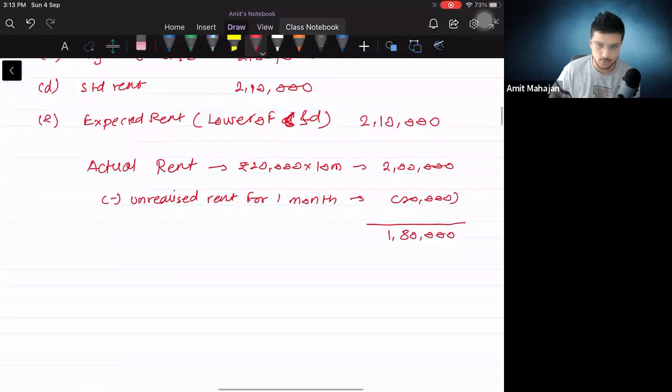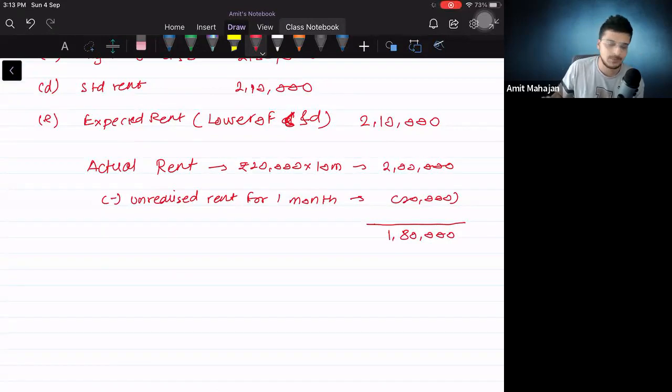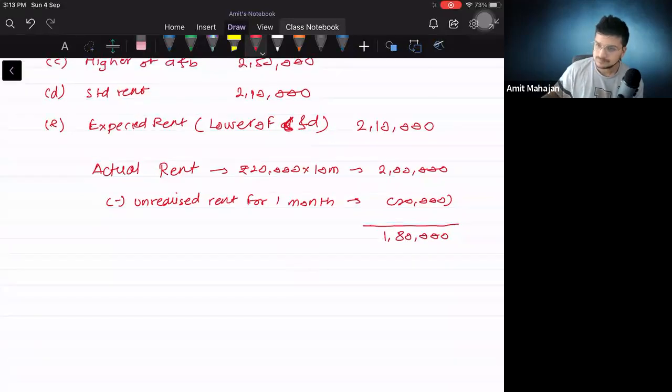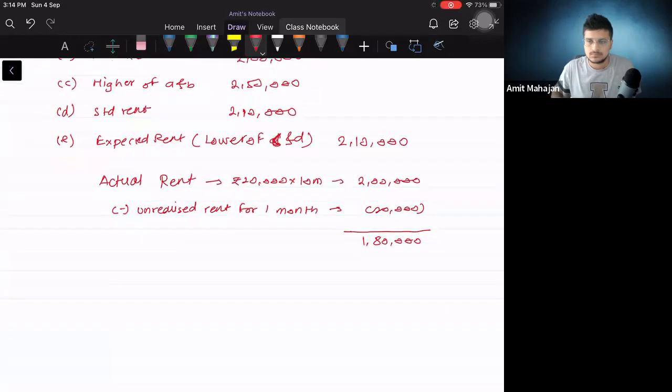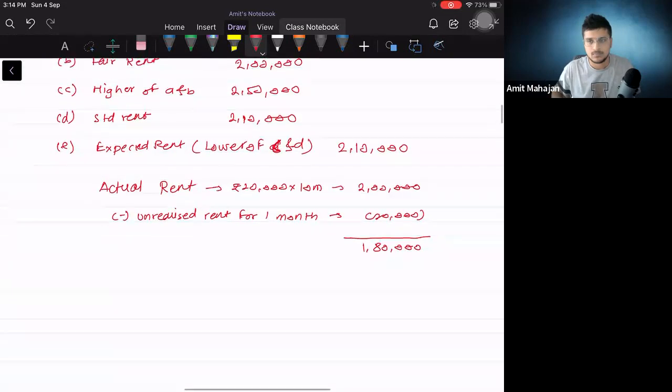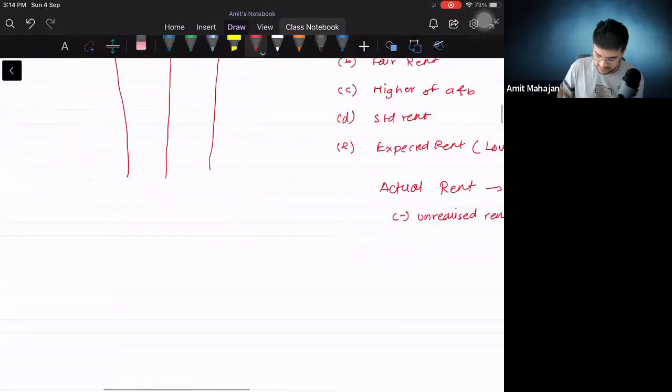Now if I'm in situation 2, right now my actual rent is lower than expected rent. Will I apply situation 2 or no? आराम से सोच के, कुछ जल्दी नहीं है, आराम से सोच के. It was vacant for 2 months. I'll show the question.